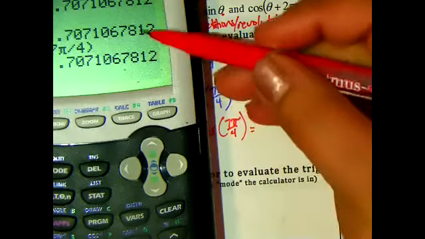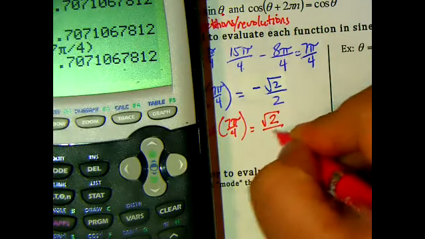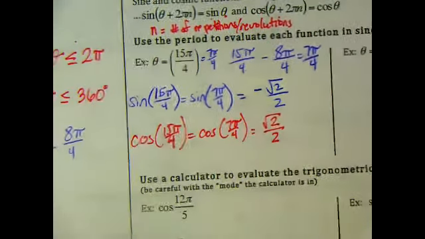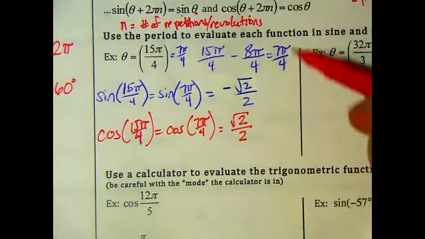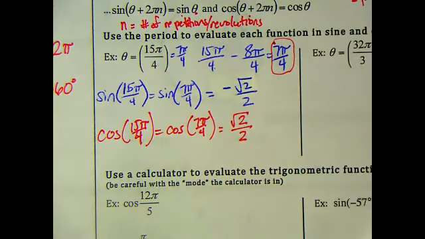It's the same number, but now it's positive, so this is a positive square root of 2 over 2. So you simplify down the angle and bring it down to between 0 and 2 pi.